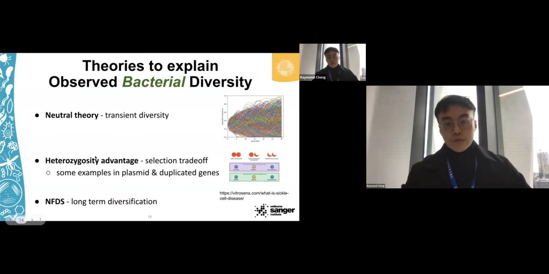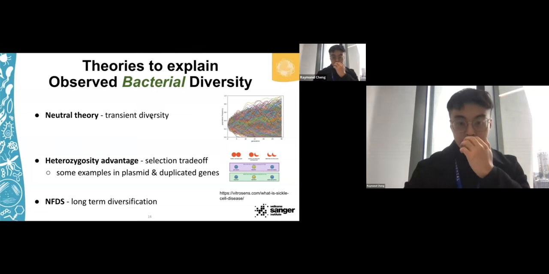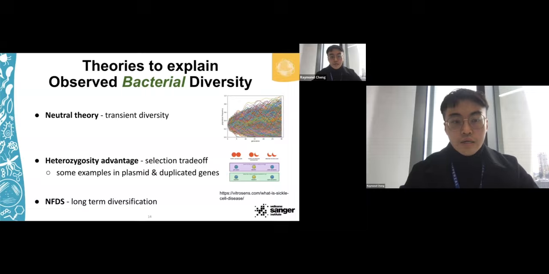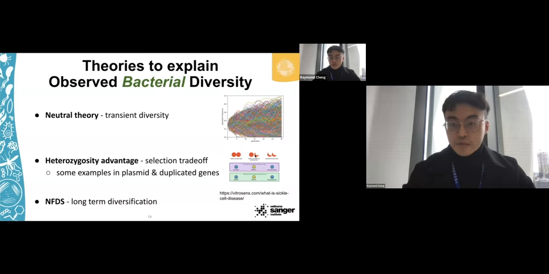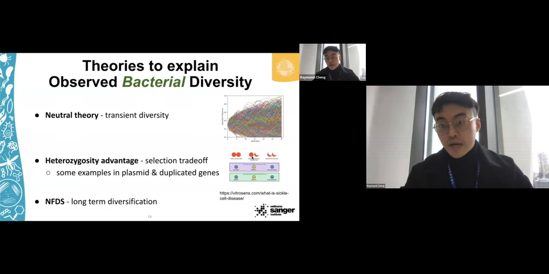There are also different theories that can maintain diversity in the long run. One example is heterozygosity advantage. One classic example is human sickle cell anemia. Under malaria conditions, the heterozygotes for sickle cell anemia will actually survive better in that kind of condition.